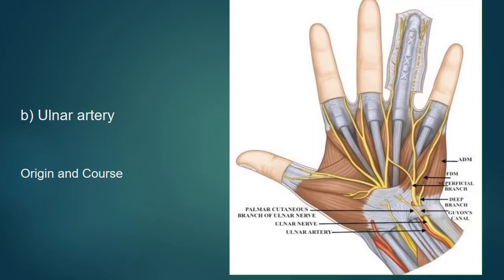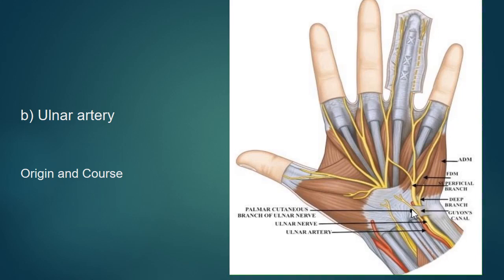Here is an image showing the passage of the ulnar artery and ulnar nerve through the ulnar canal. This is the ulnar artery and ulnar nerve, which pass superficial to the flexor retinaculum through this ulnar canal. This small canal you can see here is the ulnar canal. We are not going into detail of this canal right now.